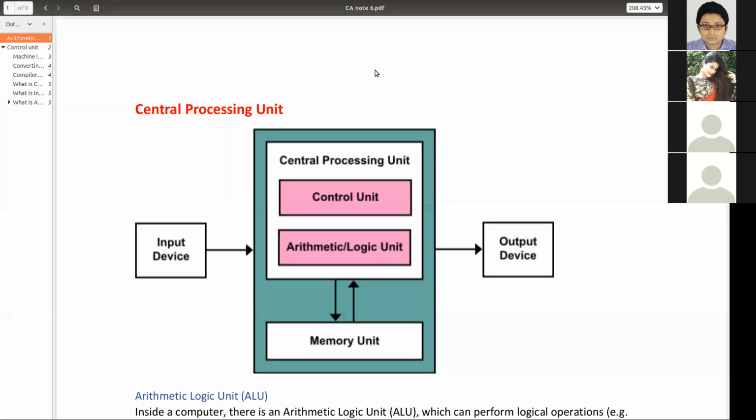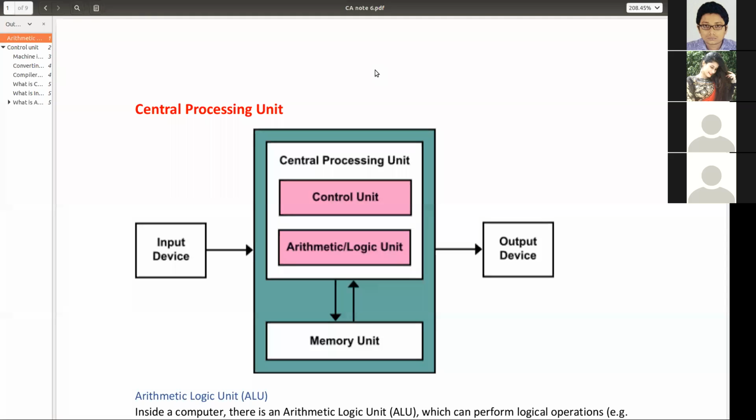Now if I start with the arithmetic and logic unit, it is responsible for calculating all the mathematical operations, whatever you are running on your computer. Specifically I'm talking about the arithmetic unit, because there are two parts actually.